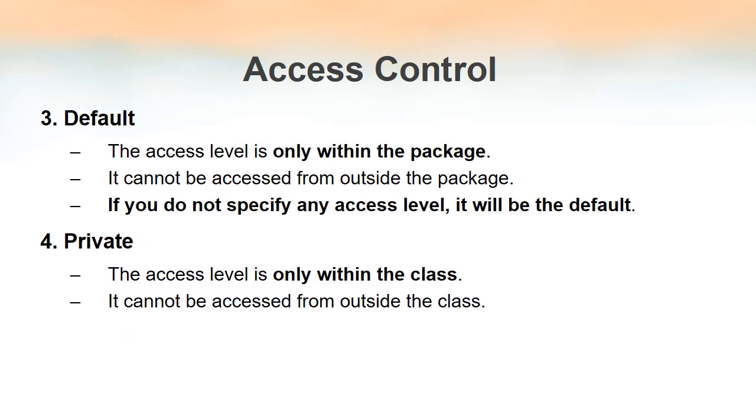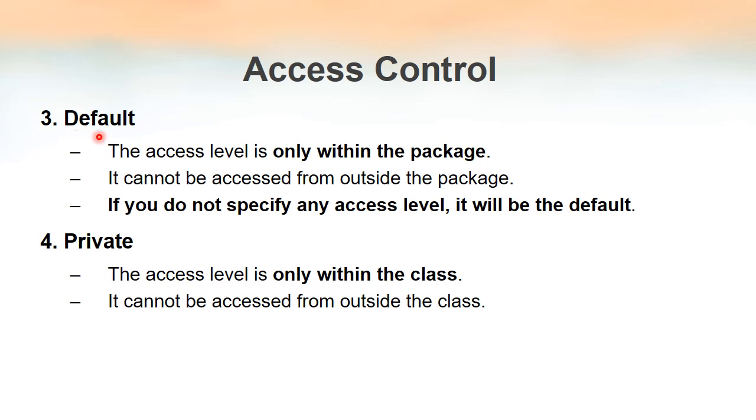Now the third one is default. Suppose we are not using any keyword: we have not used public, protected, or private. That means we have not specified any particular access modifier or access specifier keyword. In that case, the access level is defined as default.